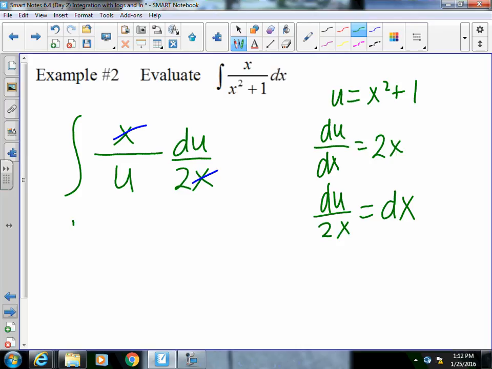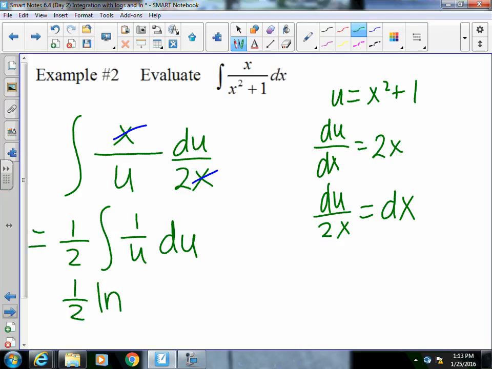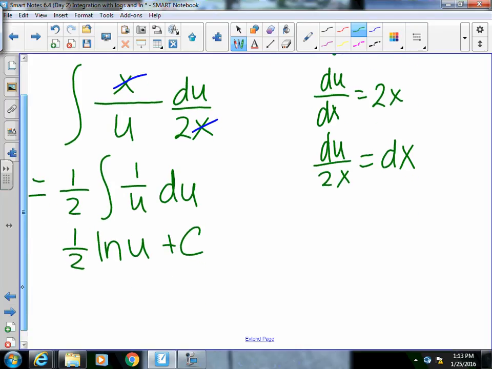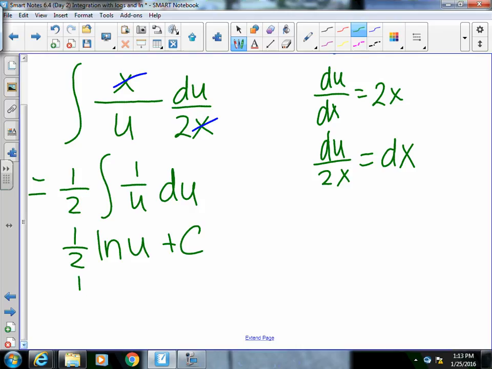If you notice, these x's will cancel. I can pull the 2 out front as a 1/2, and I've got 1 over u du in my integral. Anti-deriving 1 over u du is not tricky. We just get ln of u plus c because we don't have endpoints. We can't leave our u, so we have to rewrite it.